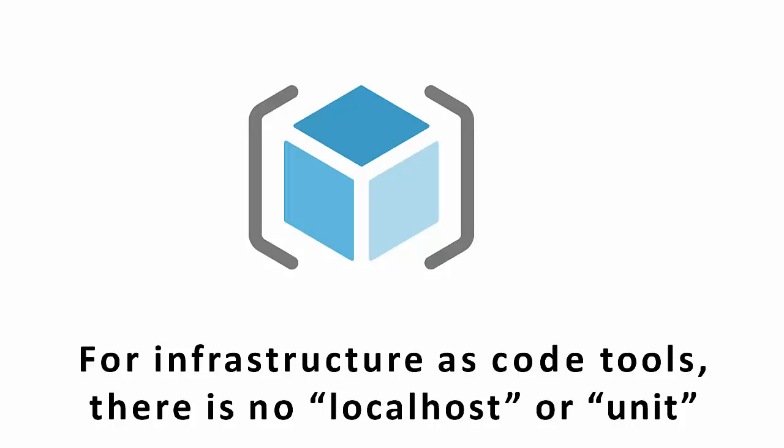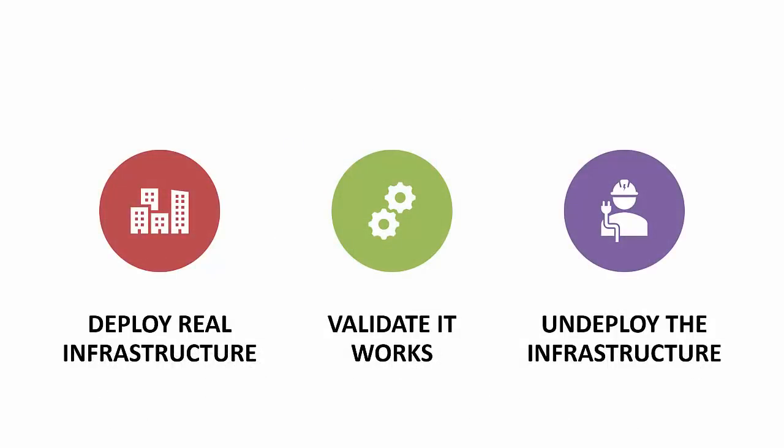In order to test infrastructure code, I really need to go directly to that infrastructure. So I don't have a lot of choices. I have to deploy real infrastructure. I have to validate that that deployment works, just like I showed you in that Pester file. We need to run the deployment. We need to make sure that all of the resources that we expected to be deployed are deployed.